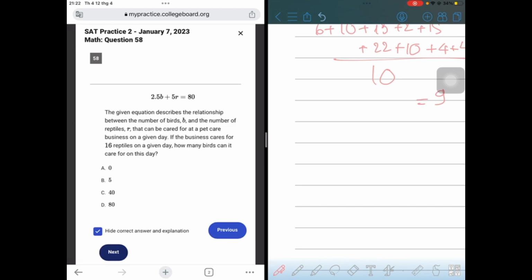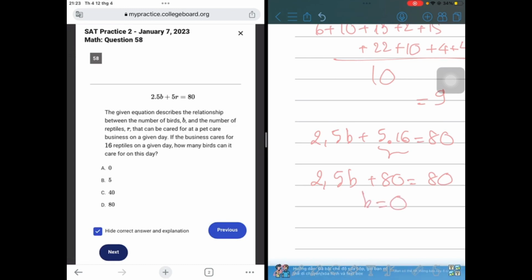So we just replace R with 16 and then calculate B. 2.5 B plus 5 times 16 equals 80, but this one already equals 80, so we have 2.5 B plus 80 equals 80, so B equals 0. A, right?